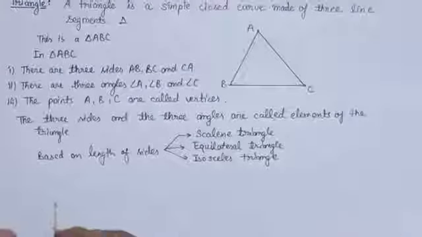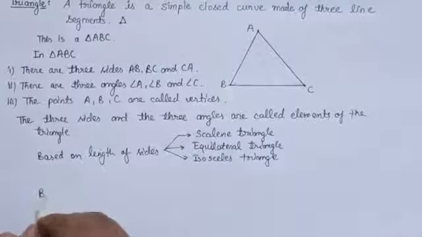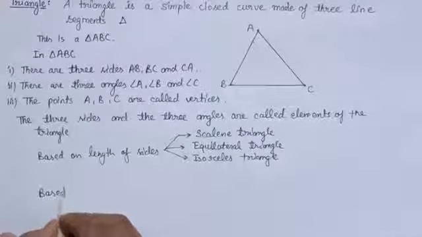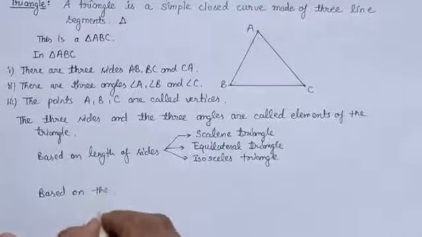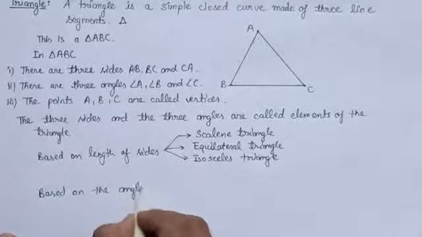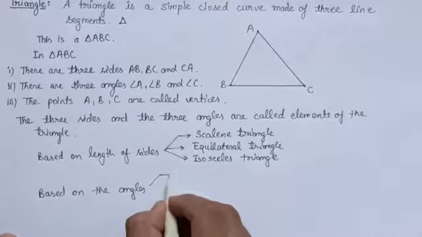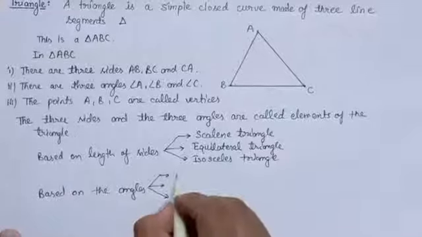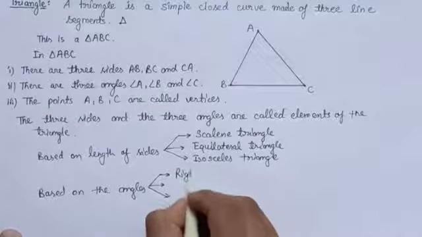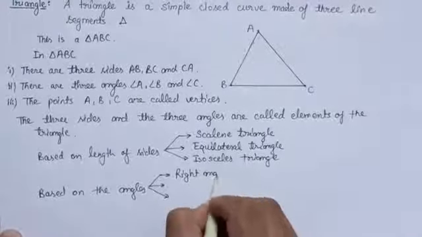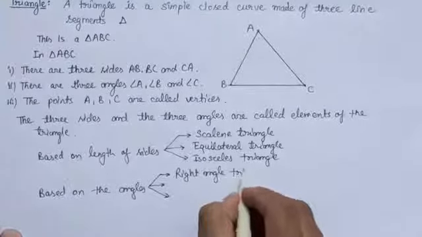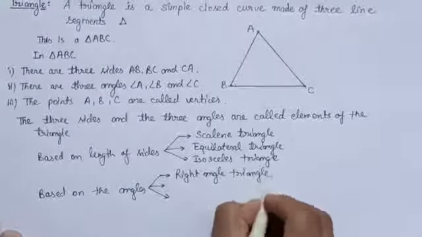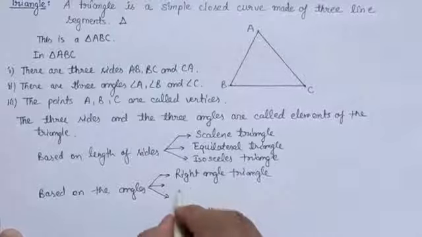In the same way, there are 3 more types of triangle based on the angles. What are these three triangles? These three are the right angle triangle, or you can simply say right triangle.